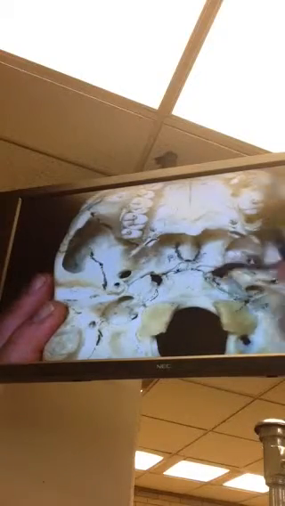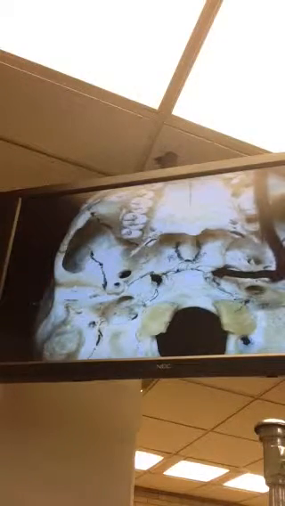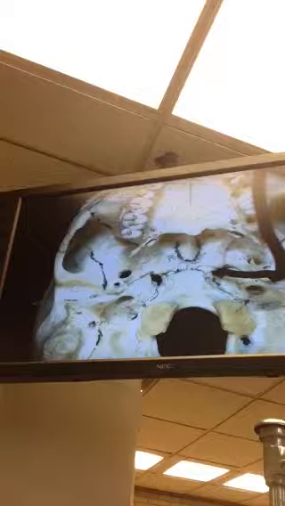Now, some authors say there's nothing that passes through the foramen lacerum. I don't know how this got started, but obviously it got started a long time ago. That's not true. There is a significant nerve that comes down, passes into the carotid canal.